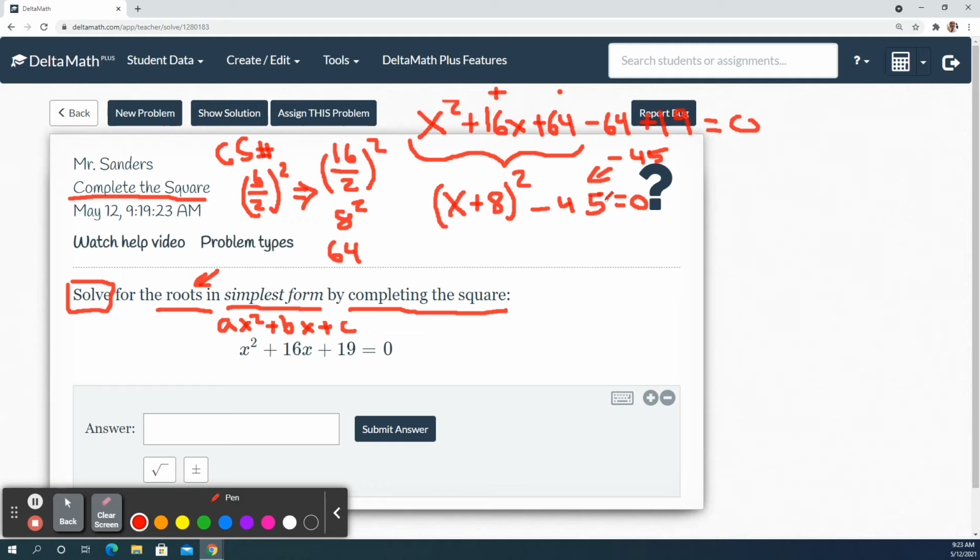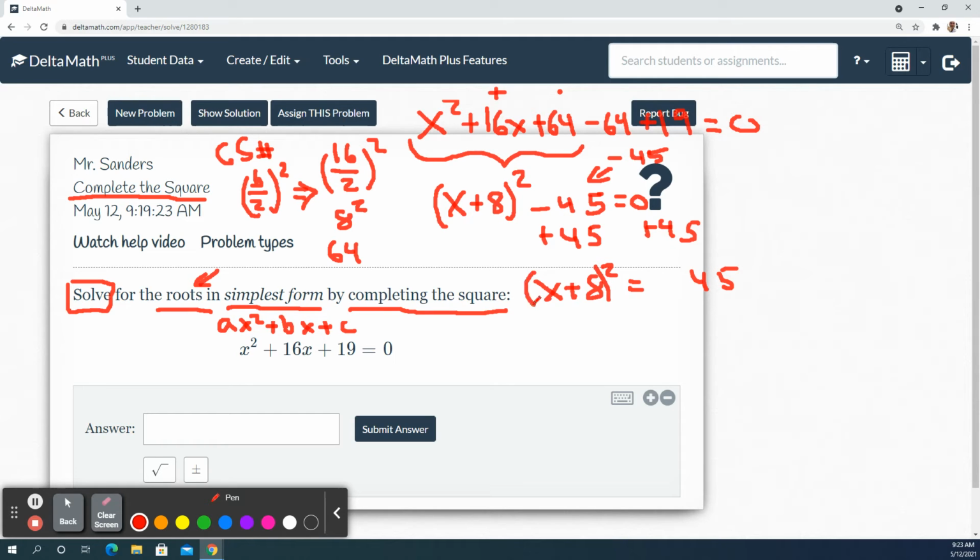Okay, so then we're solving for x at this stage. To get x by itself, I get rid of all the plus and minuses first. So I'm going to add 45 to both sides. I get x plus 8 quantity squared equals 45.